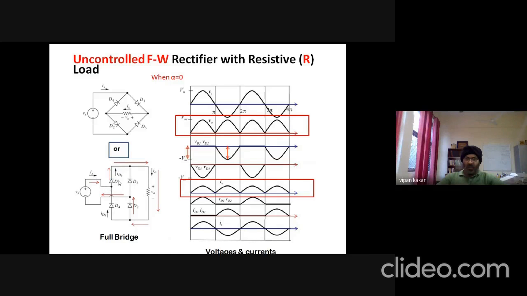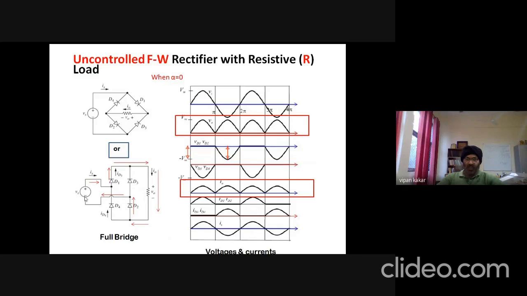So D1 will get forward biased and the current starts to follow this path. It will not go here because D3 is now reverse biased. So it follows this path from top to bottom through this resistive load, and then goes back to the source through D2, and then to the negative terminal of the source.